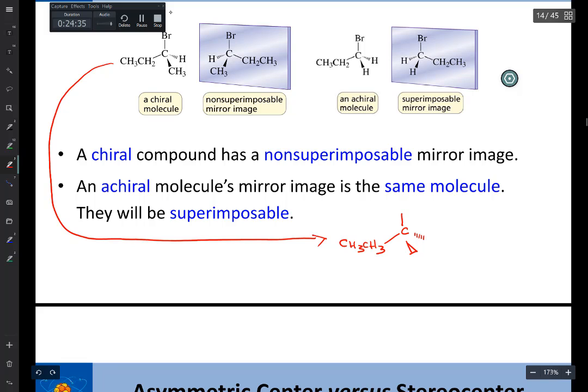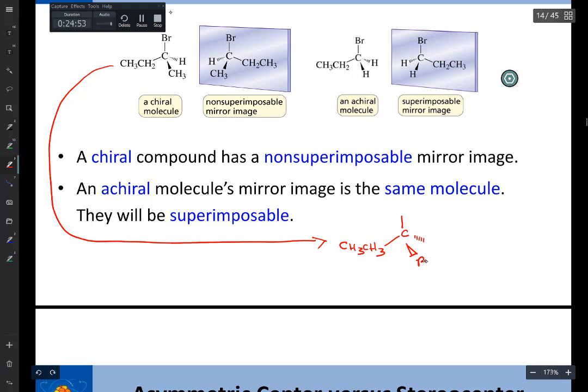What I do is I leave one of the groups in the same place, and I redraw it by switching two of the groups. And it doesn't matter which two groups you switch. So if I wanted to move the bromine down to here, that means either the CH3 or the H has to stay fixed.